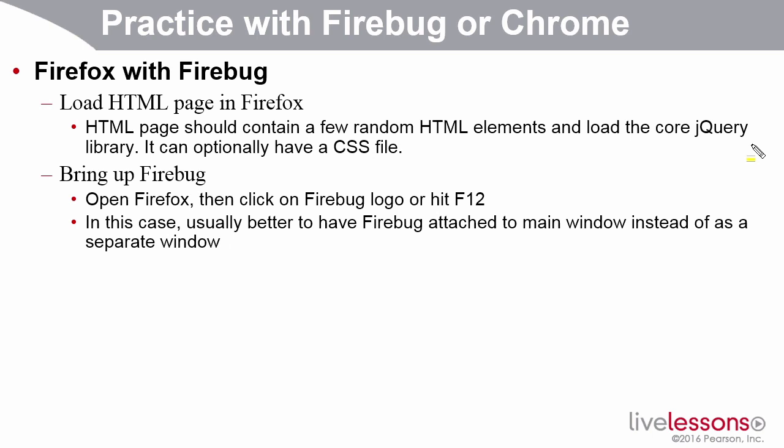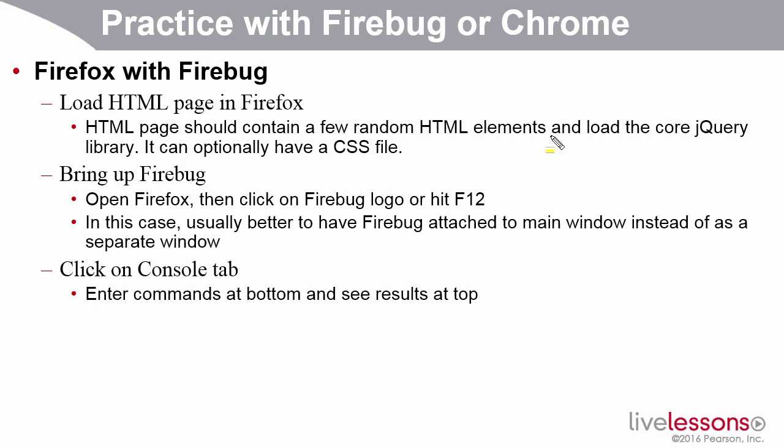And since that page has a few random HTML elements in it, and since one of the most common things you do with jQuery is to find and perhaps modify HTML elements, you have some elements that you can practice with.